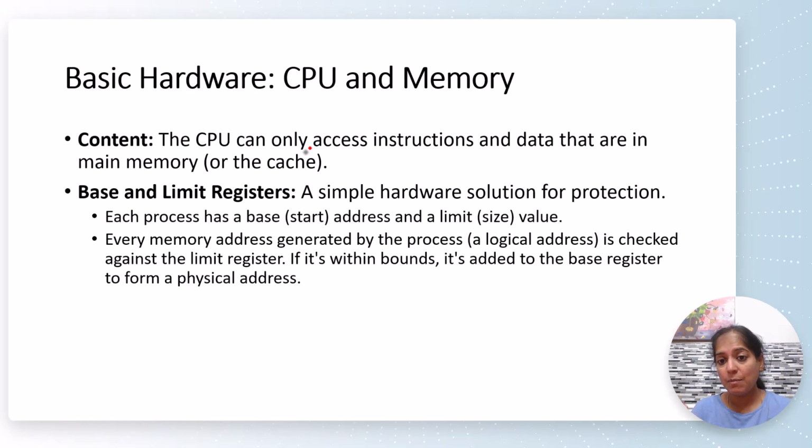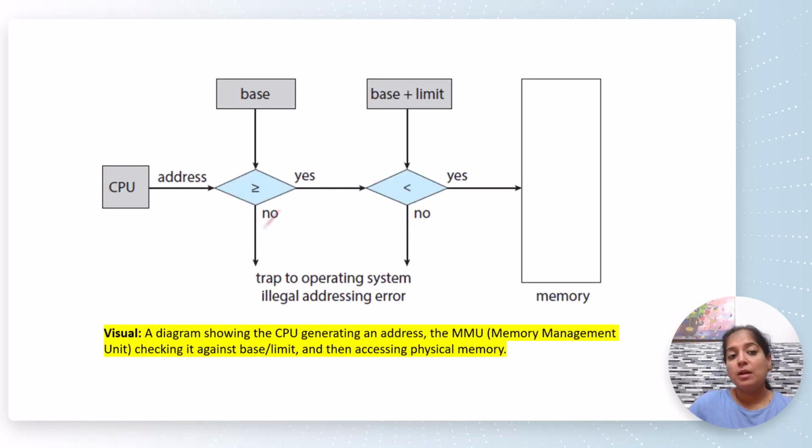If it is within the bounds, it is added to the base register to form the physical address. Look, the CPU generates the address, then if it is greater than or equal to the base value, we go on, and if it is less than the base plus limit, then it is a valid address. Otherwise, it is an illegal address.